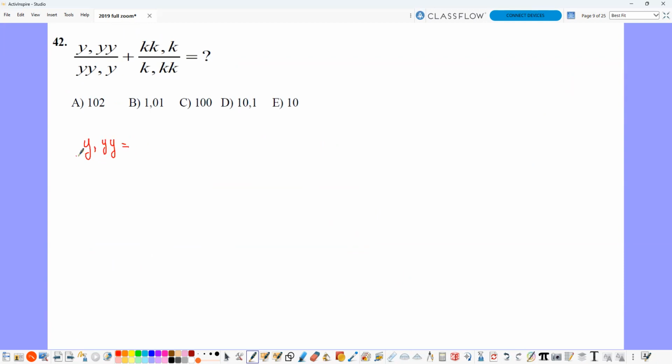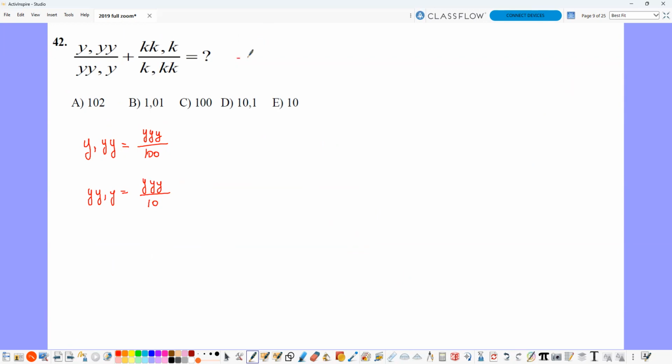I'm going to use this divided by 100. That's why 2 decimal places are removed to the left, which means that this is a y 3-digit number divided by 100. And then y comma y is going to be equal to a y 3-digit number divided by 10.